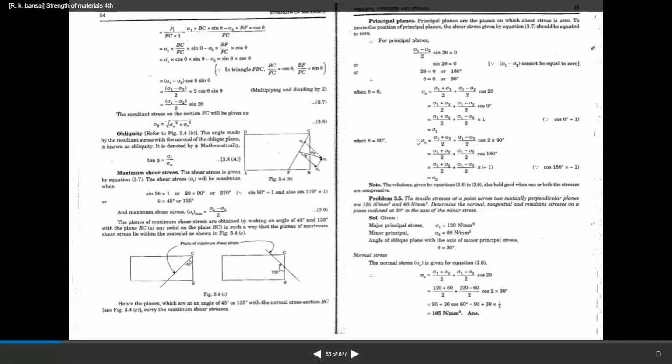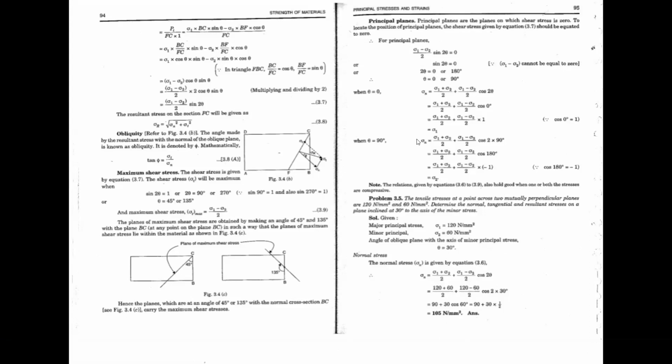This is the derivation part for two mutually perpendicular direct stresses, the analytical method, first case. Next class, I will explain the second case problems, take the values and calculate. Otherwise, next we go to theory of failures.